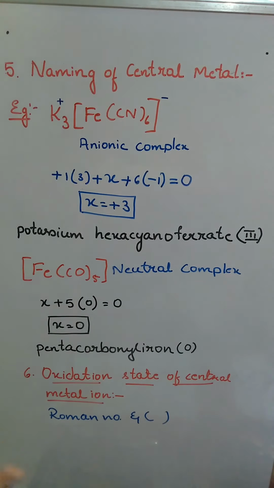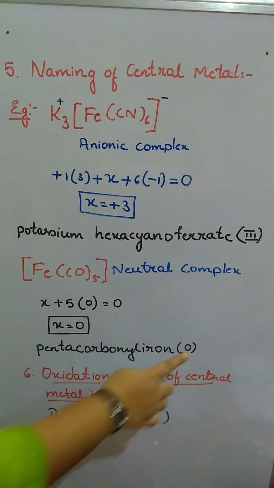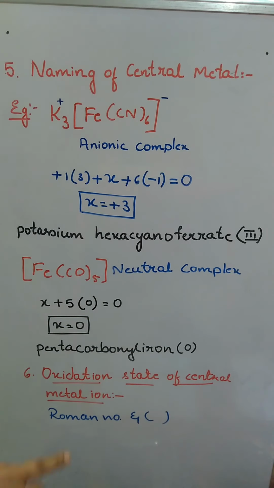Please be clear in writing Roman numerals. You should maintain the standard form of Roman numerals, not whichever you prefer or practice. That is not the correct way. Moreover, it is IUPAC nomenclature we are writing, so you cannot write in whichever way comes to your mind. You should maintain the standard form itself. Within parenthesis it has to be written. That is a very simple thing.